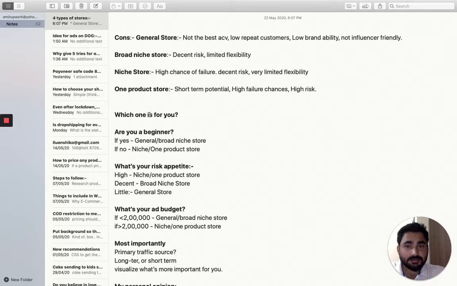Brand niche stores have a decent risk and limited flexibility. Suppose you are dealing in furniture, there is a little bit of risk. What if that furniture segment doesn't resonate with your target audience or with the market? What will you do? You can't do anything. You can't switch to a different niche, so it has limited flexibility.